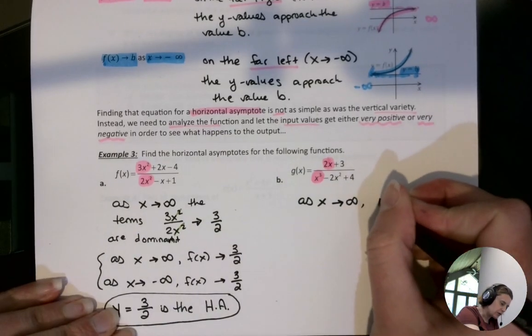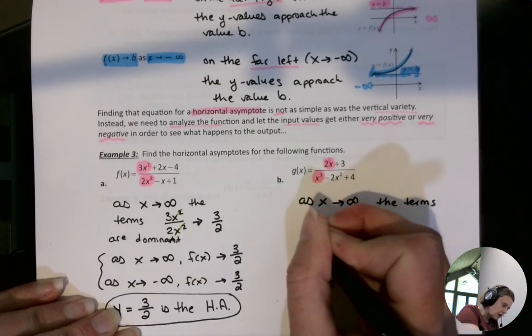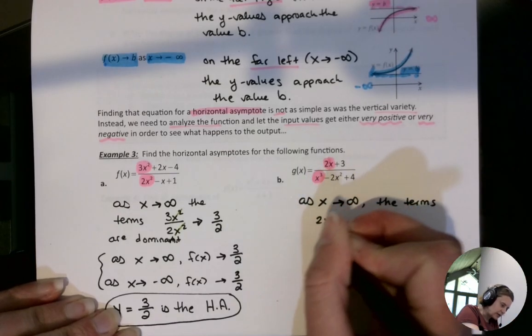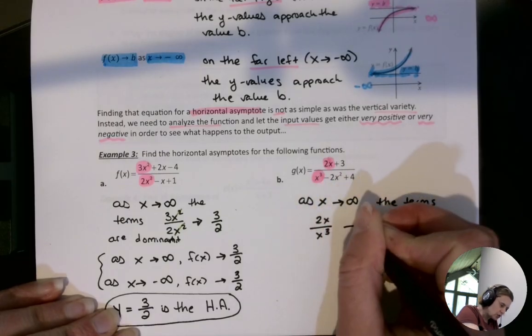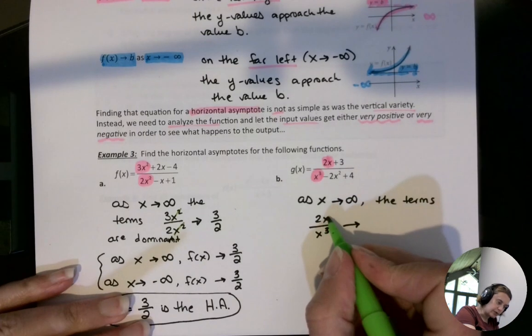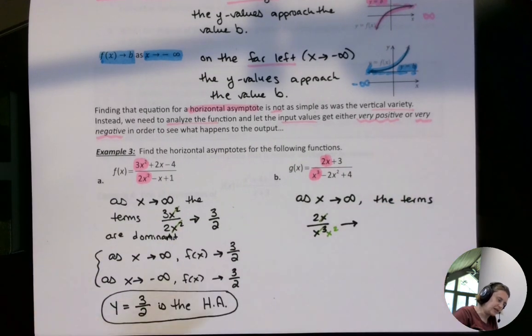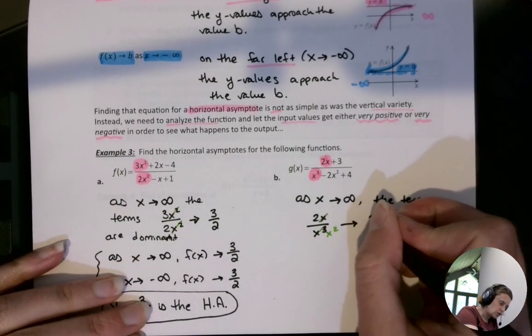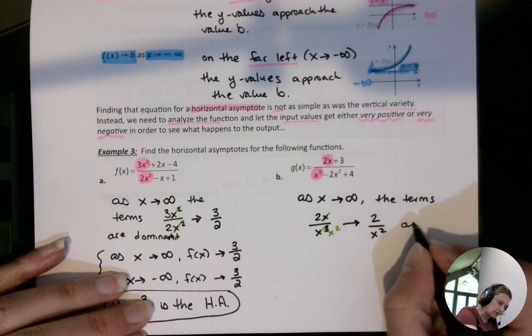This one's going to dominate those terms when you plug in values for x. Okay, so the terms 2x over x cubed, which would lead to, if I reduce this fraction, 2 over x squared are dominant.